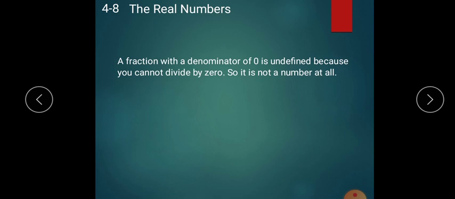Q not equal to 0 means we cannot divide any number by 0. So a number in which the denominator is 0 is called undefined. For example, 2 by 0, 7 by 0, these are all undefined.